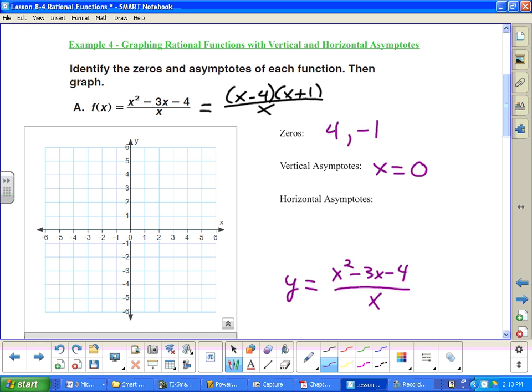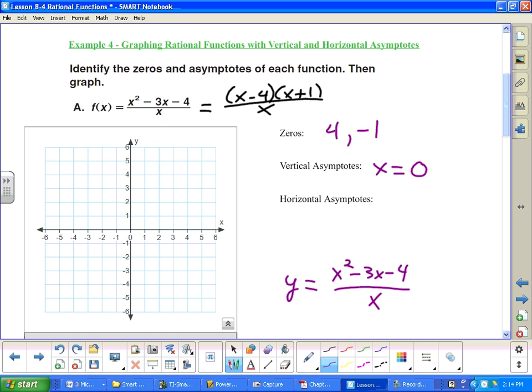If I put 1,000 in here for x, x squared is equal to 1 million, right? Does this negative 4 affect 1 million very much? No, it doesn't have much effect on it at all, does it? Would you even notice it? No. If somebody gave you $1 million and then took $4 away, would you really care? No. So if we put 1,000 in here for x, so we had 3 times 1,000.